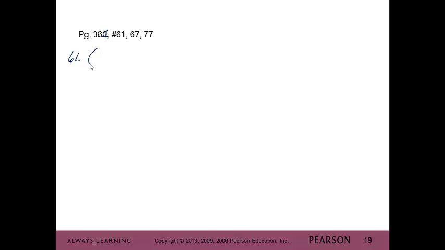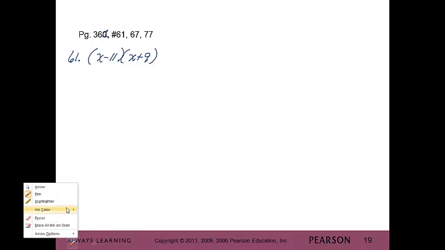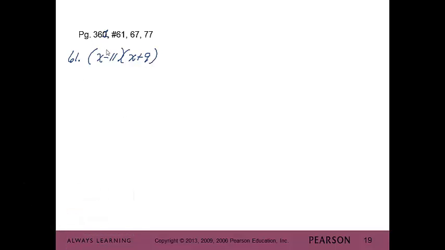And for number 61, we have x minus 11 times x plus 9. So we're going to multiply each term of the first polynomial by each term of the second. So x times x, which is x squared, and then x times 9, which is plus 9x.